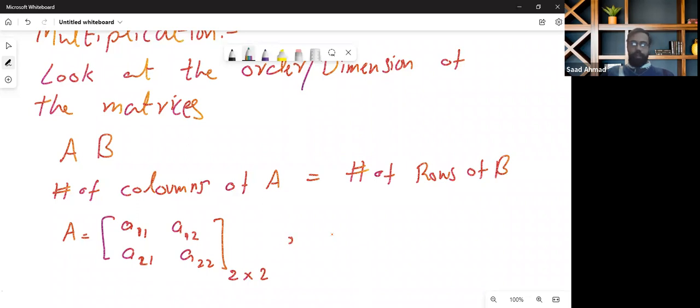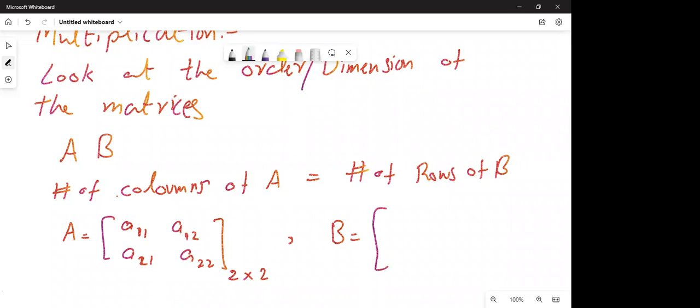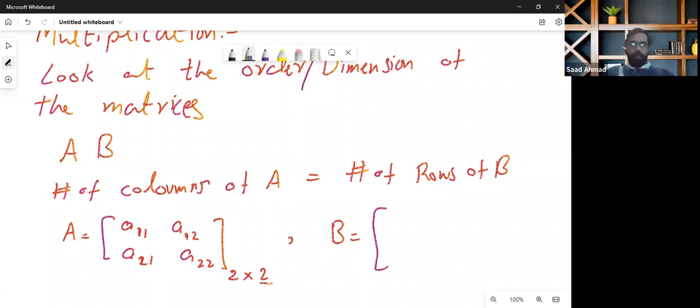Now if we have another matrix B, what we said is the number of columns of A, which is 2, should be equal to the number of rows of B. So we can have B11 and B12, and B21, because row comes first and then the column. All right, so let's multiply them.